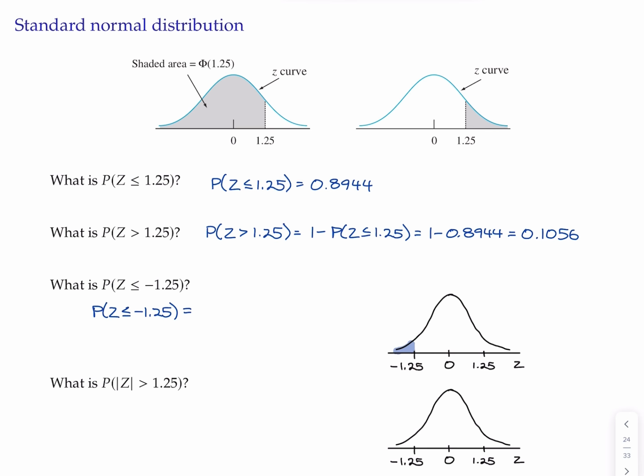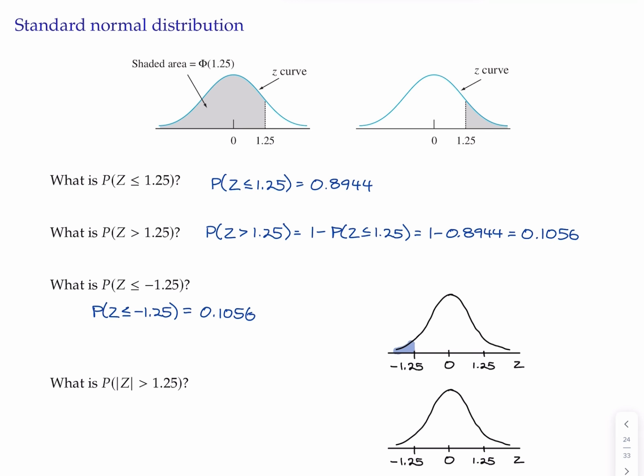Well, it turns out that if you looked up, I don't have it on the slide here, the negative z values page of the z-table, and you looked at the appropriate row and column headers and looked at the interior value, you would find 0.1056. Okay, and that is exactly the same as right here.